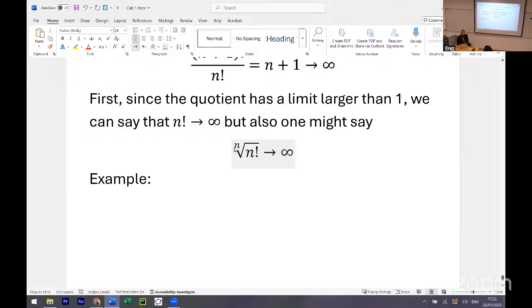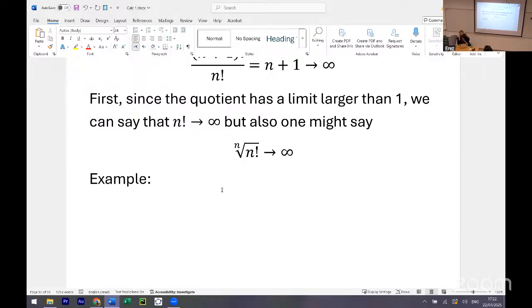What do you expect the n root of n factorial to be?